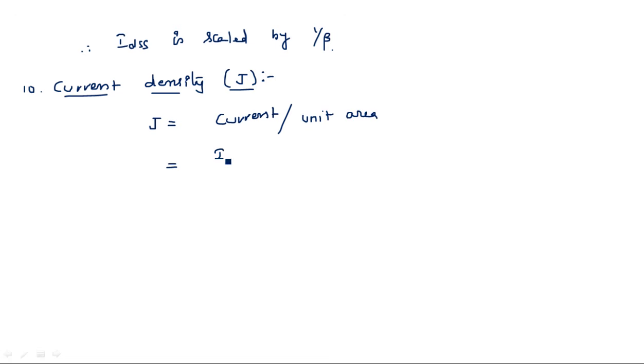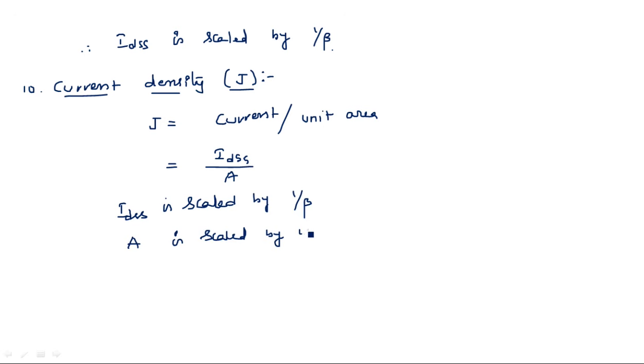That is equal to IDSS by area. IDSS is scaled by 1 by beta, and A is scaled by 1 by alpha square, because we need not calculate A always, since A is nothing but the multiplication of length and width.